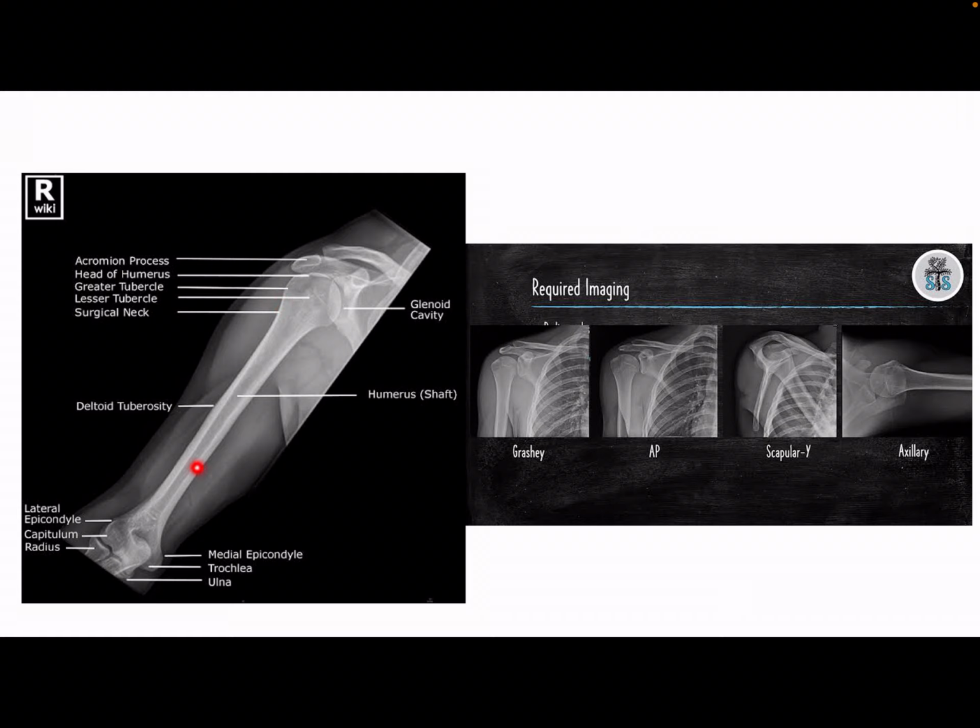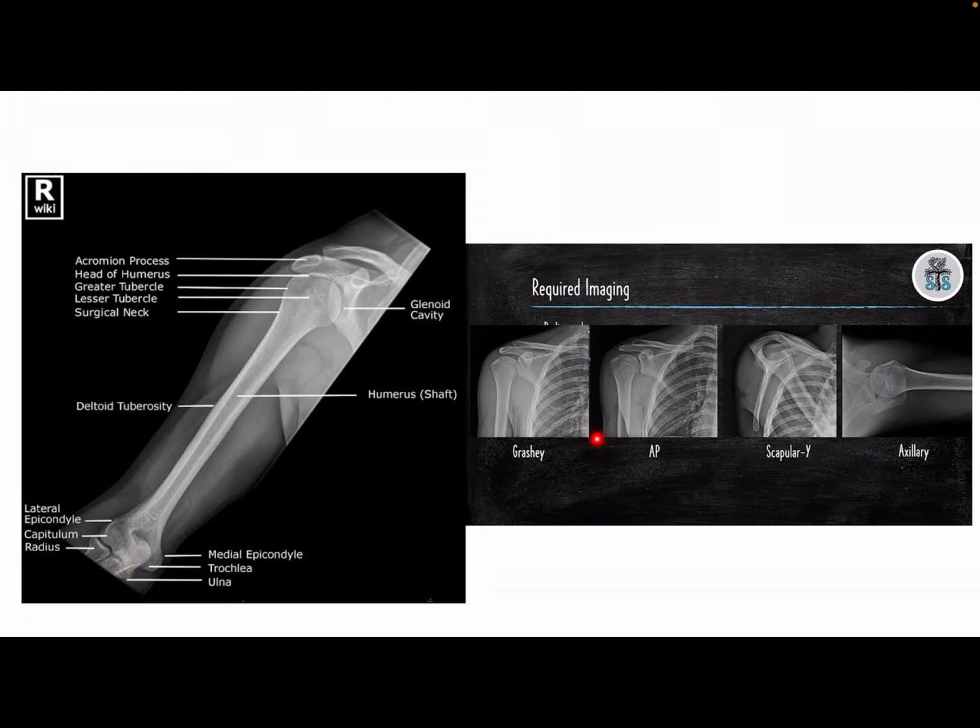Then there is the shaft of the humerus and the deltoid tuberosity. Then the lateral epicondyle, the medial epicondyle, the trochlea, the capitulum, and then the radius and the ulna. So this is the normal one.